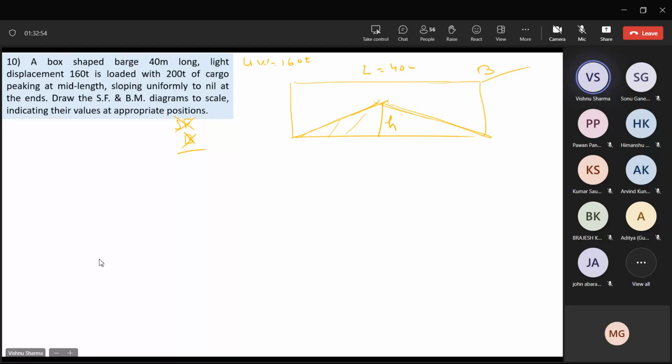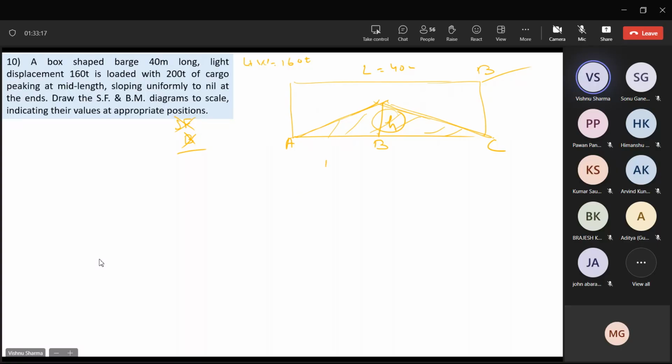So guys, in this case, don't get panicky. This question is especially only for the first part I need to do. What you need to do is find how much is the weight per unit length at B. That means at A it is 0, at C it is 0, how much is the weight per unit length at B? Let's say what is the weight of the cargo? It will be the volume of the cargo.